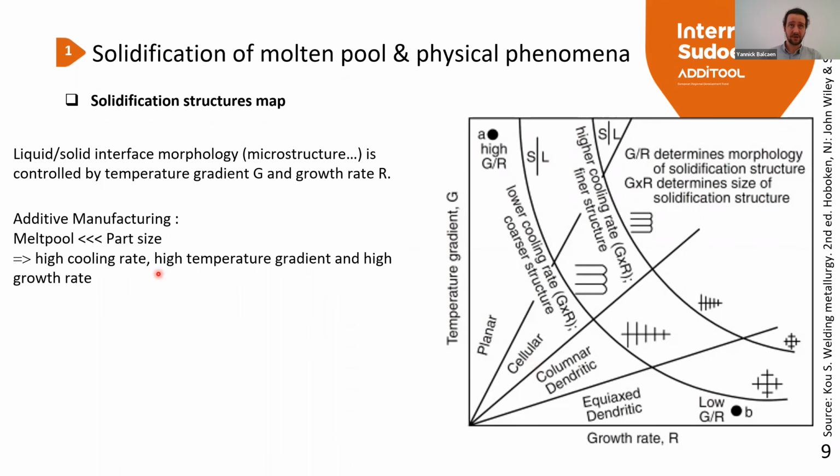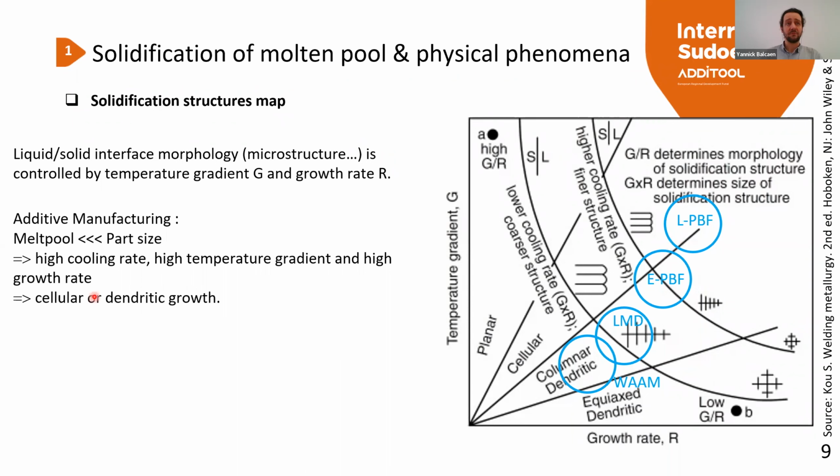So we have high cooling rate, high temperature gradient, and high growth rate. We can position different processes: wire arc additive manufacturing, producing for a given material, for example, a columnar dendritic structure, and for LPBF, we can observe more of a cellular microstructure with a high growth rate and high temperature gradient.